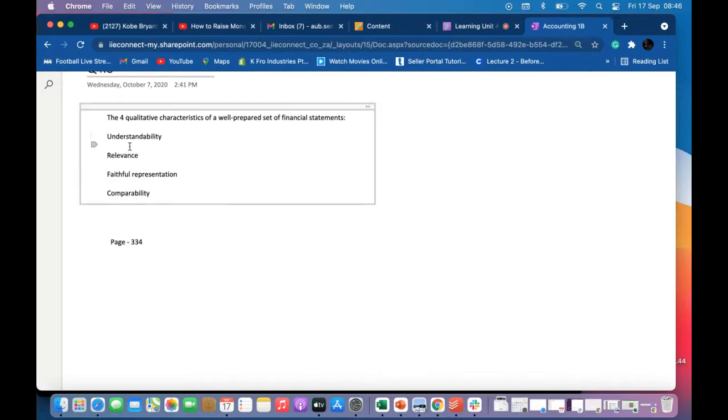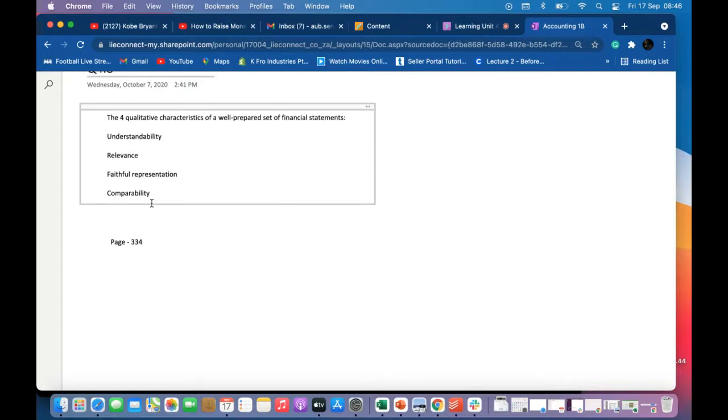Okay, so the four characteristics: understandability, relevance, faithful representation, and comparability. Under understandability, they're saying the following: the financial statements must be understandable to the user thereof.